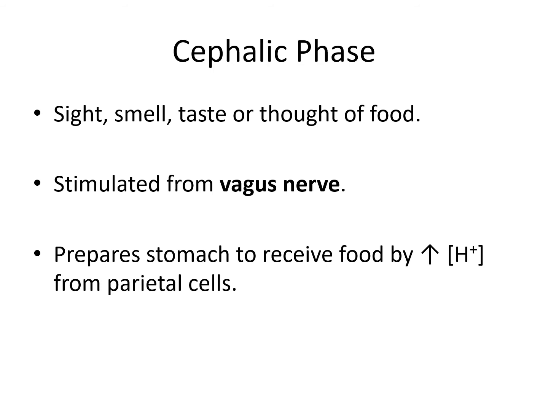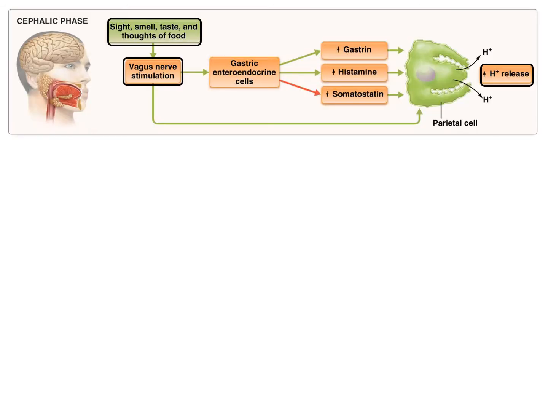So even before food enters your mouth, the cephalic phase begins. Here in this first table, we've eliminated the rest of the table for clarity. We see the cephalic phase only requires sight, smell, taste, and thoughts of food, and by vagus stimulation will cause an increase in hydrogen ions from parietal cells. We'll talk about the middle stuff in a little bit.